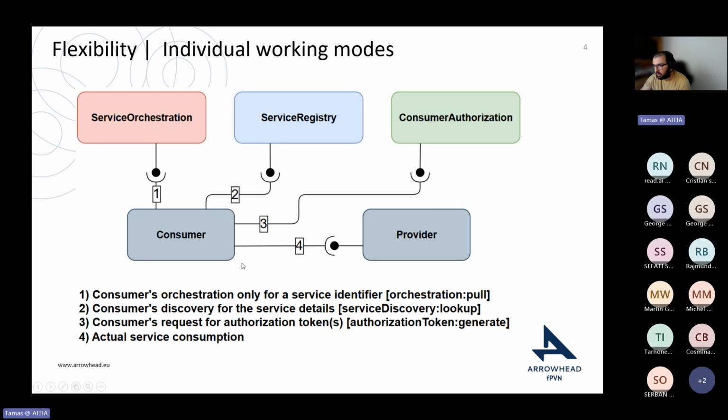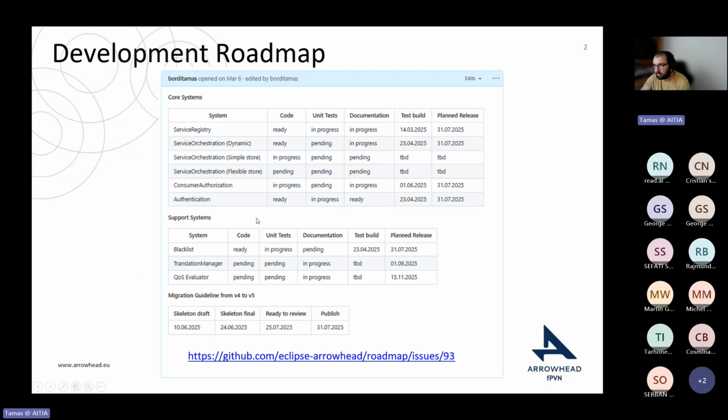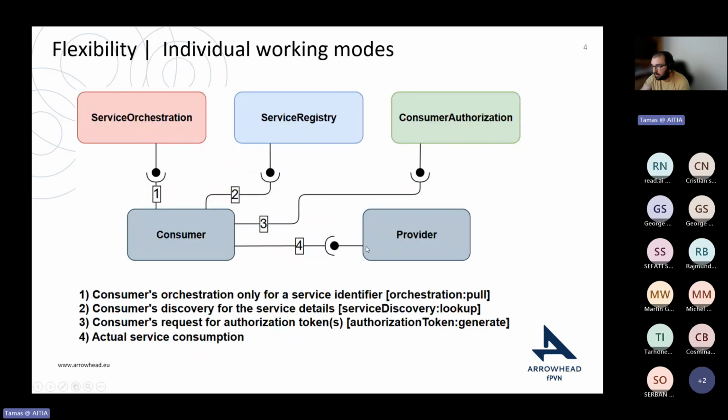After the consumer has these tokens, it can turn to the matching provider and send its service request with the authorization token. So everything is managed by the consumer.